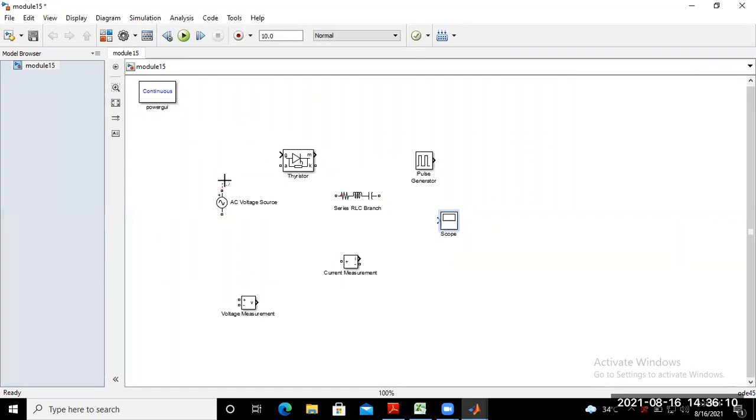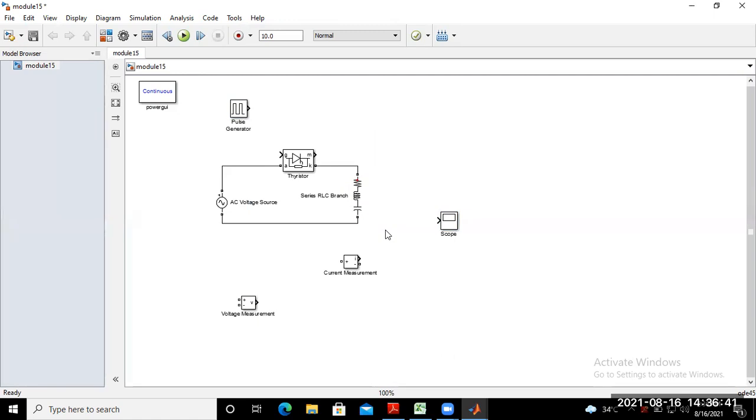Just connect the circuit diagram. Pulse generator placed here. Circuit. Just Ctrl R. And then circuit. And this negative polarity of source is connected to the negative polarity of the load. Okay.